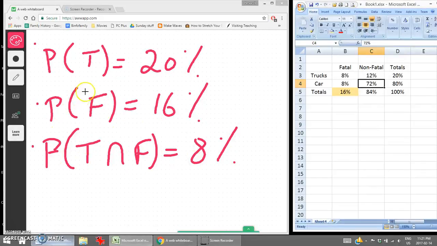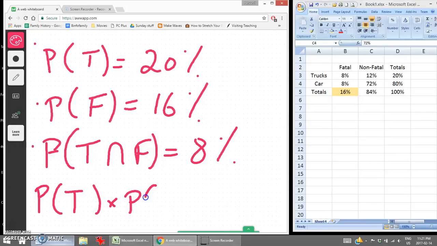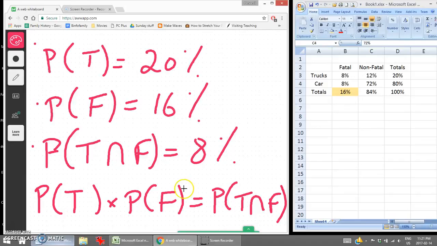Using these three values, we know that if two things are independent, the probability of truck times the probability of being in a fatal accident will equal the joint probability. This is our test of independence, seeing if those values equal the observed value.